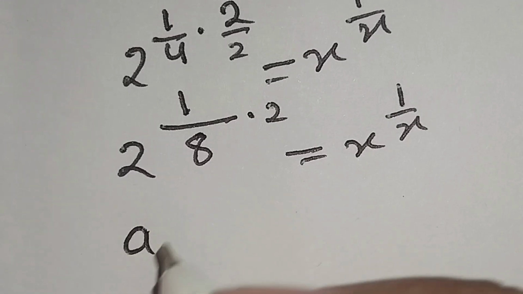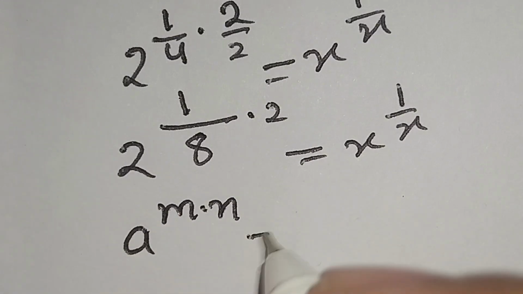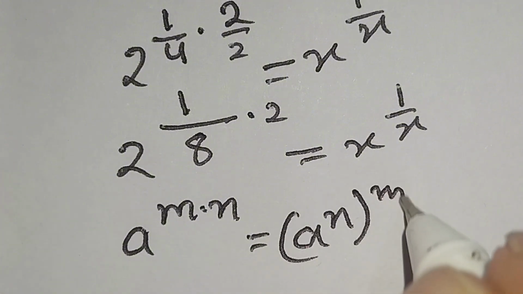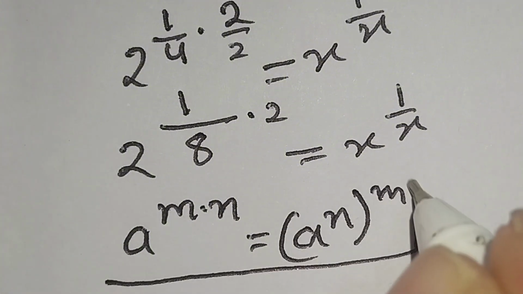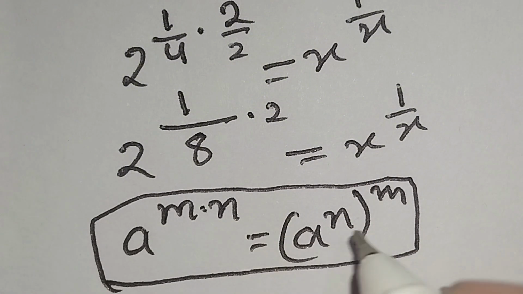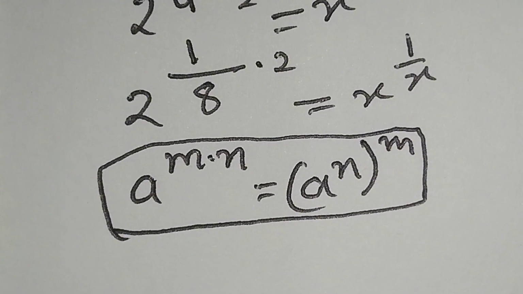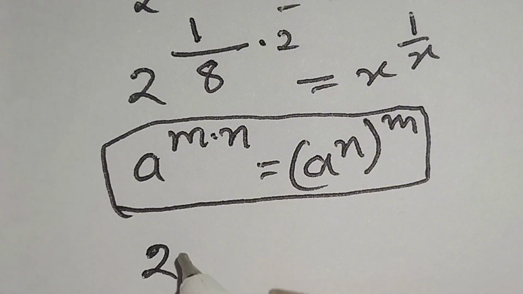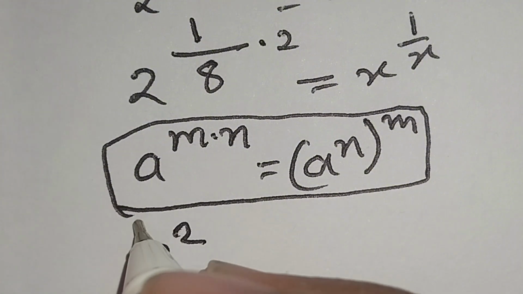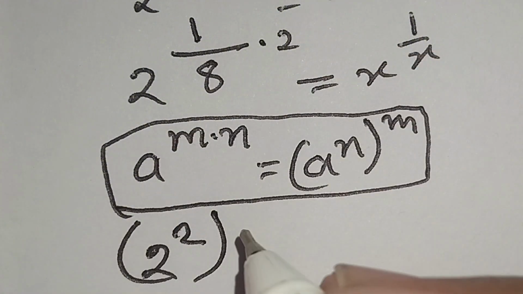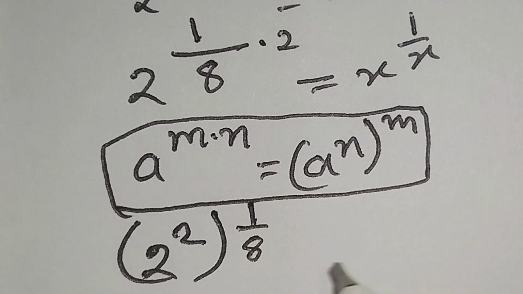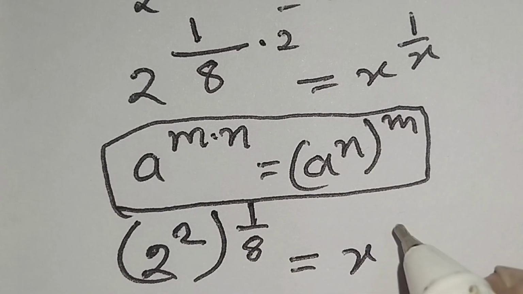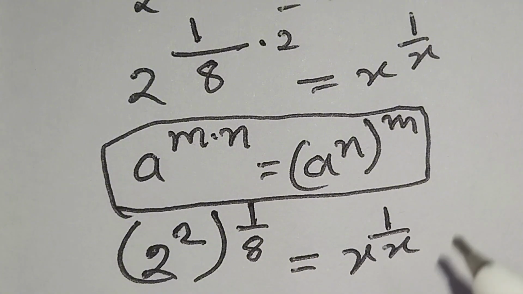We know a to the power m times n is equal to a to the power n, whole power m. According to this identity, we can write 2 to the power 1 over 8 times 2 as 2 to the power 2, whole power 1 over 8, is equal to x to the power 1 over x.